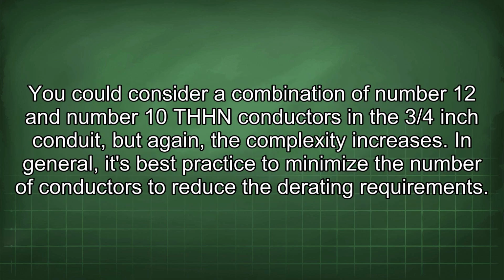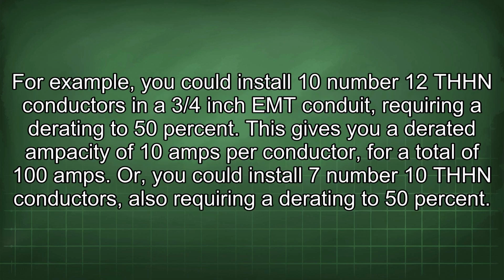You could consider a combination of number 12 and number 10 THHN conductors in the 3/4-inch conduit, but again, the complexity increases. In general, it's best practice to minimize the number of conductors to reduce the derating requirements. For example, you could install 10 number 12 THHN conductors in a 3/4-inch EMT conduit, requiring a derating to 50%.